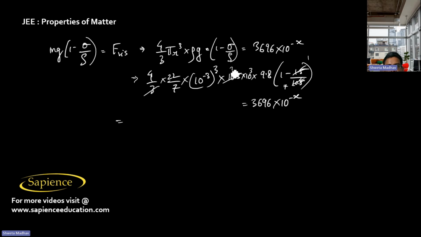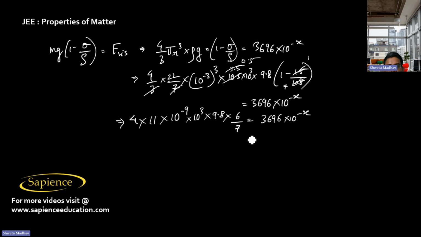This will cancel. 3 3s are 9, 3 5s are 15. 7 5s are 35. 0.5 into 22, that is 11, into 10 power minus 3 into 9.8 into 1 minus 1 by 7 is 6 by 7. That is equal to 3696 into 10 power minus 6.